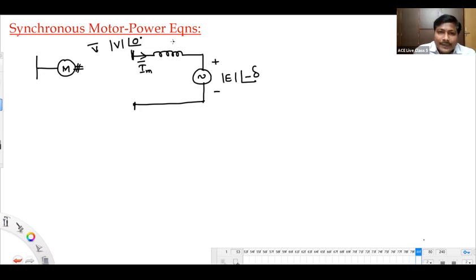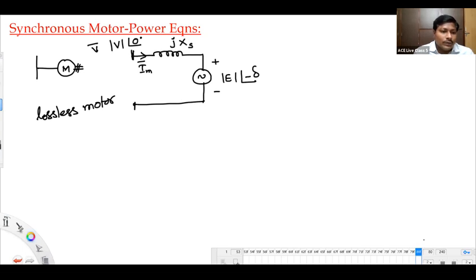The impedance of this motor is jXS. Assume that this machine is a lossless machine, a lossless motor.